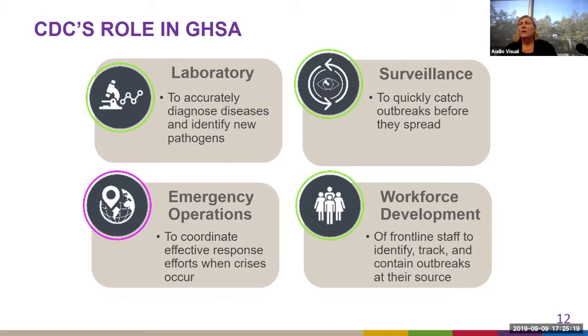In surveillance systems, again, we wanted them to be able to detect quickly and catch them as they come forward. Emergency operations centers, we worked with all 17 countries to establish these centers, and more importantly, the role and the functions that an emergency operational center plays when there's a public health emergency. And then lastly, in the public health workforce, that there was 1 disease detective for every 200,000 population, so there were enough out there to be able to detect and report quickly.